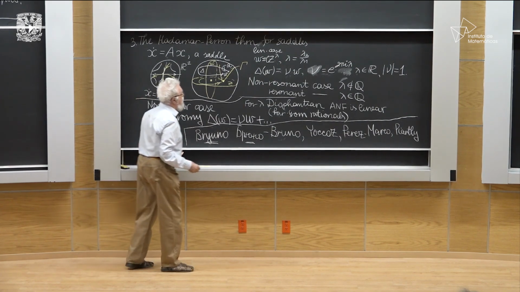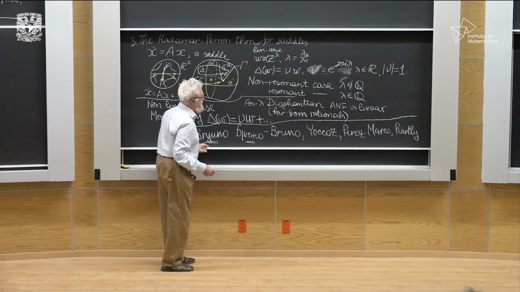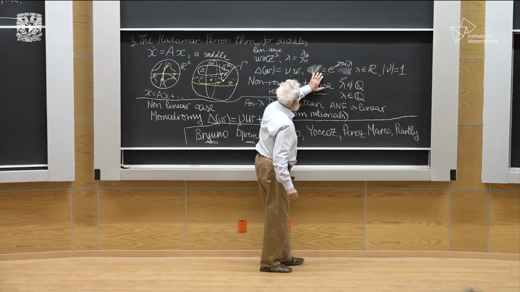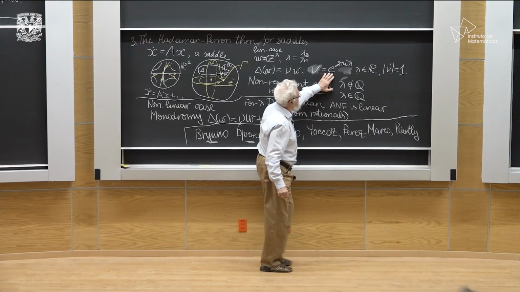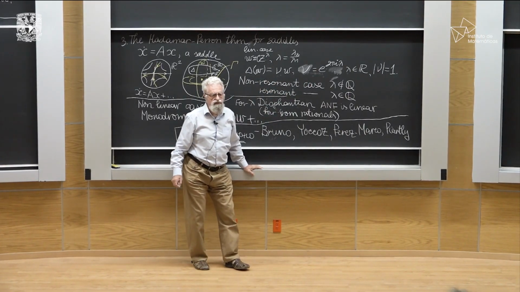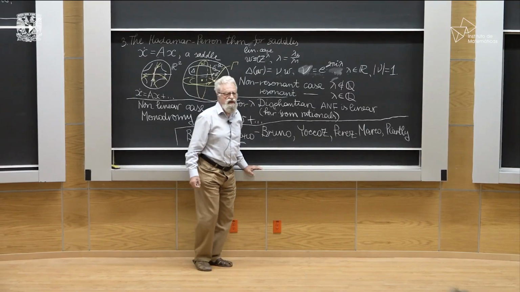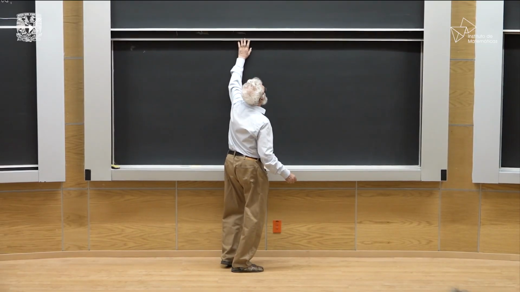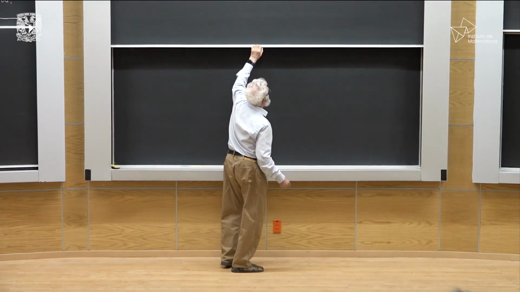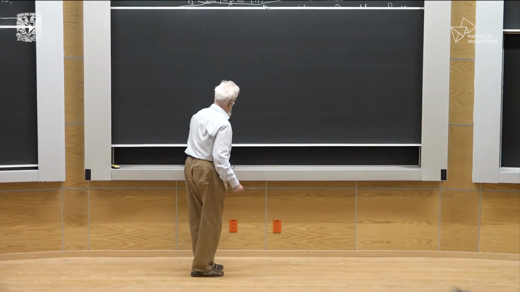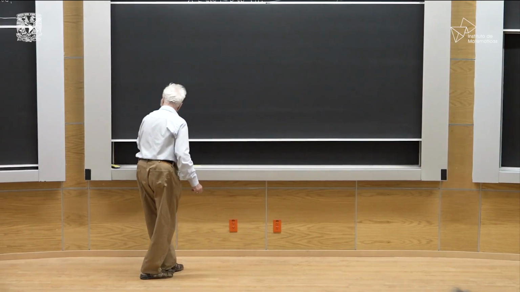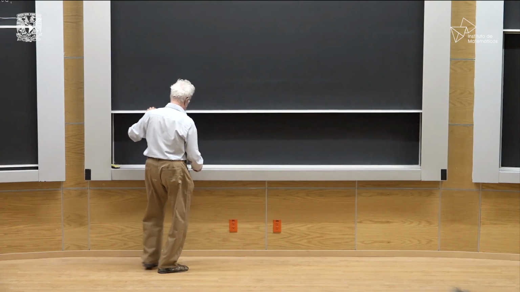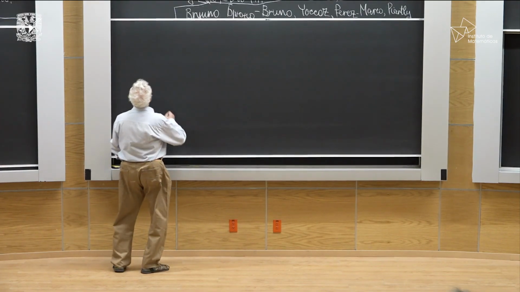So, what happens in the resonant case? In the resonant case, again, the monodromy map is the key part of the study of the analytic classification of complex saddles.